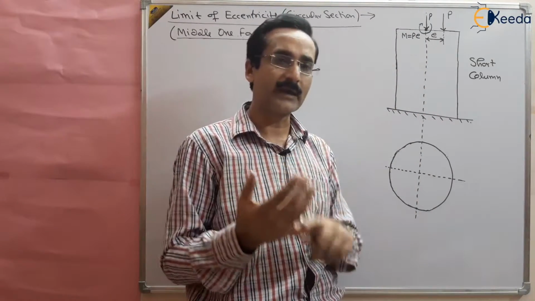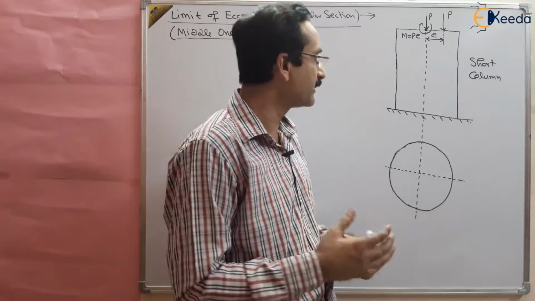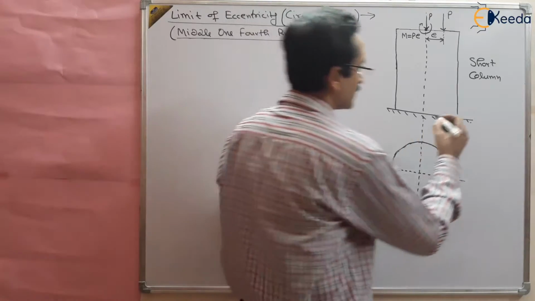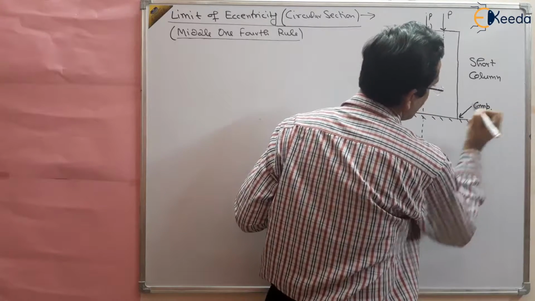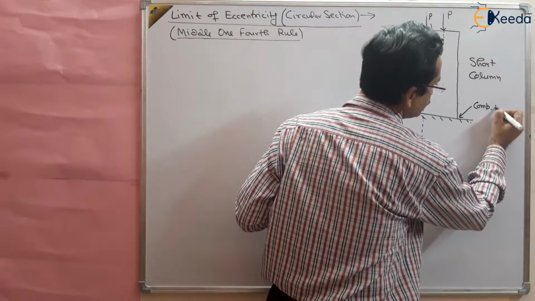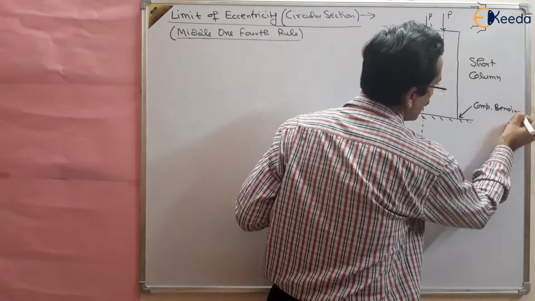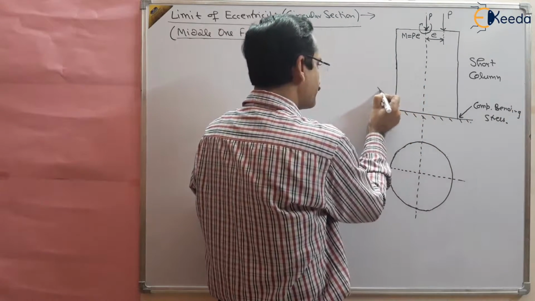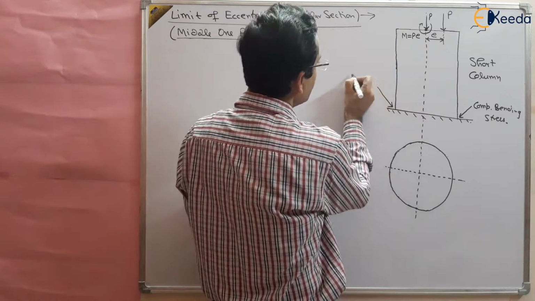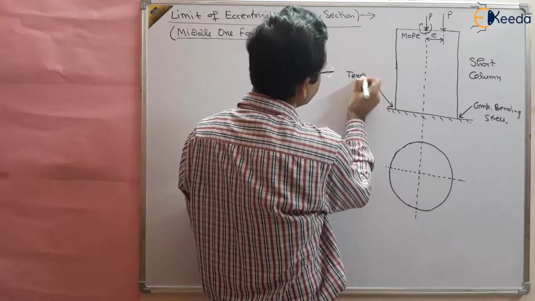Bending stresses are tensile as well as compressive. On one side it is tensile and one side it is compressive. On this side it is compressive bending stresses. This we have already studied. On this side there is tensile bending stress.